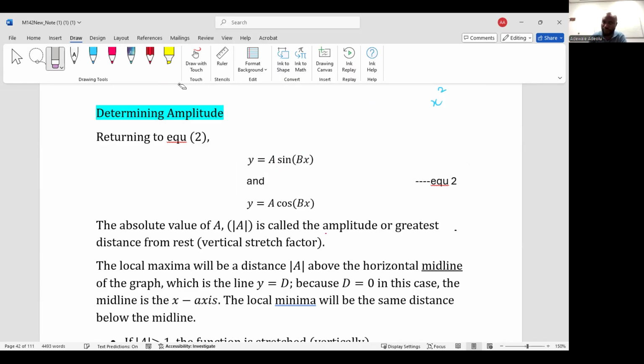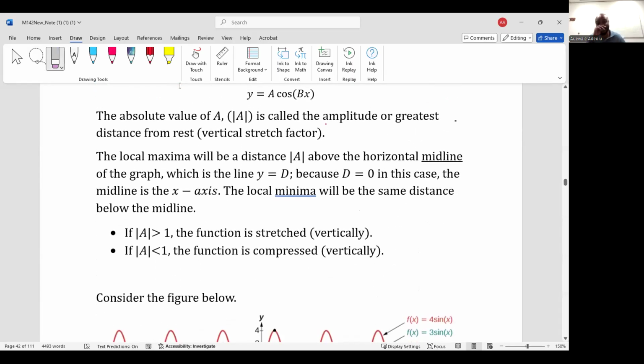Amplitude for sinusoidal functions. So let us study that. Again, the absolute value of a is called the amplitude, or greatest distance from rest. That is, we call it the vertical stretch factor.